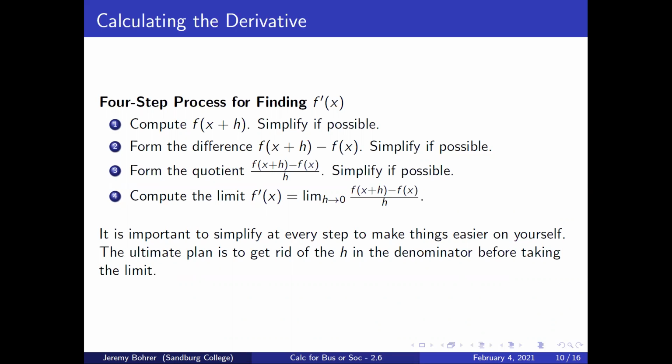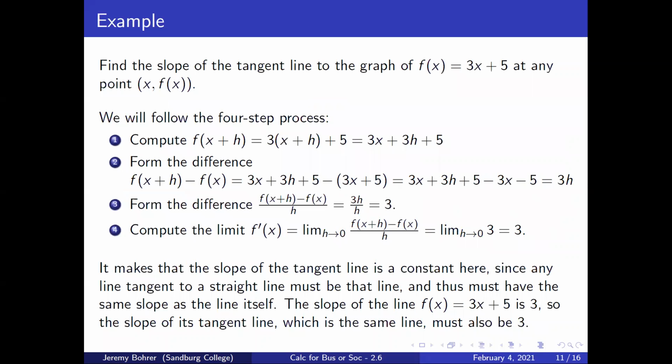Fourth, compute the limit f prime of x equals the limit as h approaches 0 of f(x plus h) minus f(x) over h. It is important to simplify at every step to make things easier on yourself. The ultimate plan is to get rid of the h in the denominator before taking the limit.